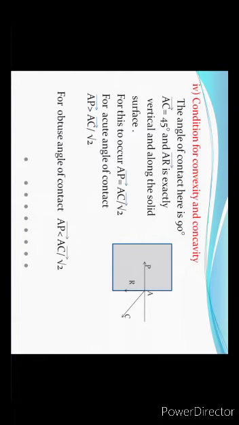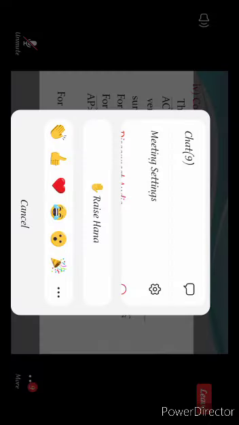Where the angle of contact is obtuse, AP will be less than AC divided by root 2. The last two points you have to see, that is important. Other things are not very important. Okay. AP greater than AC by root 2 for acute angle and AP less than AC divided by root 2 for obtuse angle. Okay. So now we will discuss the second topic, the shape of the liquid drop.